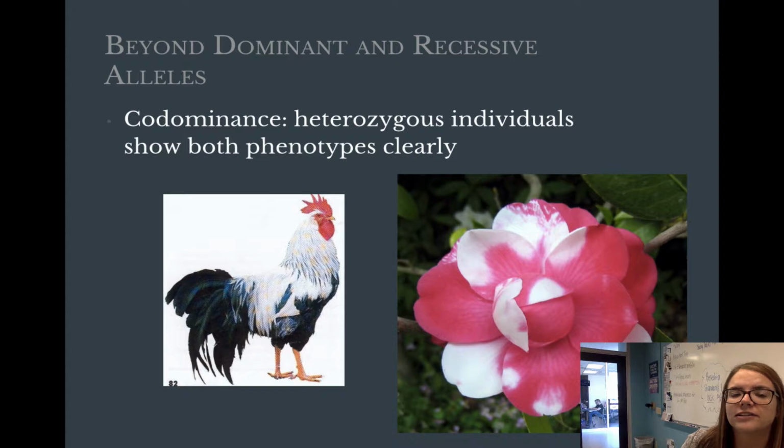So some areas, some feathers are white and some are black because it's codominant. That flower there, some areas are pink, some areas are white because pink and white are codominant for that flower. So I like to think of a co-captain on a team, right? They're two individuals working together. With codominance, you have two separate phenotypes, right? You're not going to have that blending like you see in incomplete dominance.